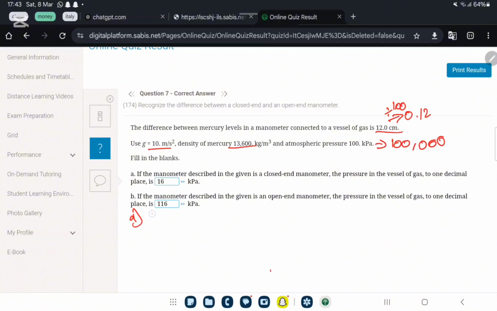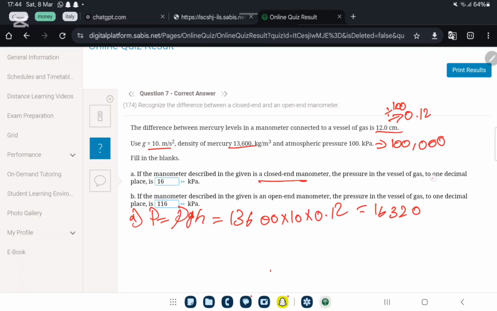For part A, pressure equals density g h. Here it is a closed-ended manometer, so forget about atmospheric pressure. Density 13,600 times 10 g times h 0.12. You put it in your calculator, 13,600 times 10 times 0.12, you get 16,320.